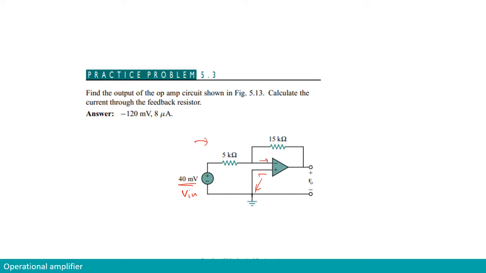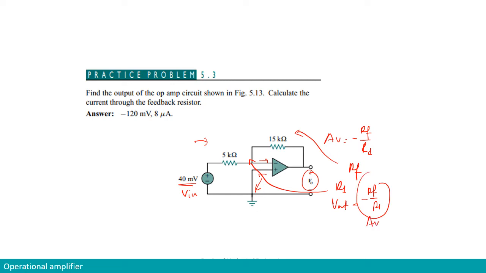So we have a gain of minus RF over R1, where RF is 15 kilo ohm and R1 is 5 kilo ohm. That will allow us to find V output. From the previous demonstration, V output equals minus RF over R1, the amplification ratio, multiplied by V in.